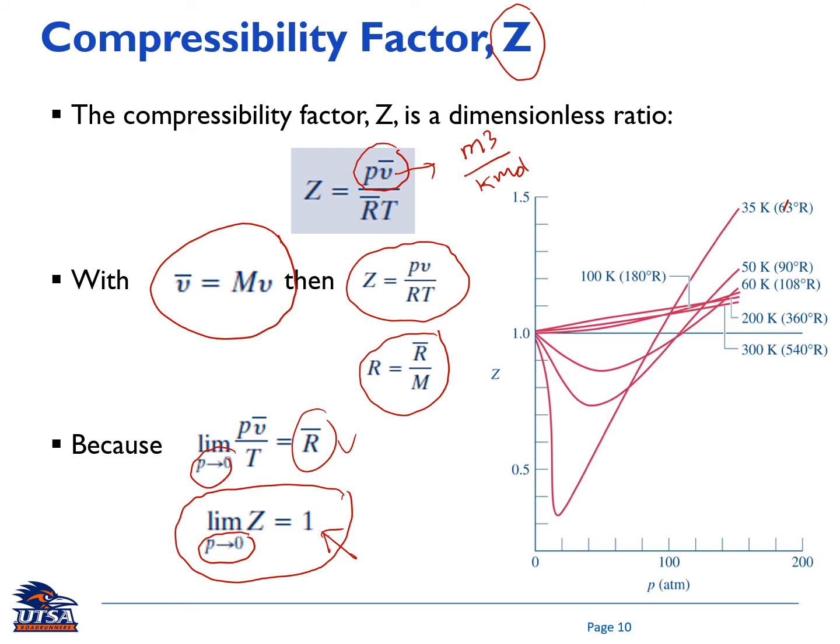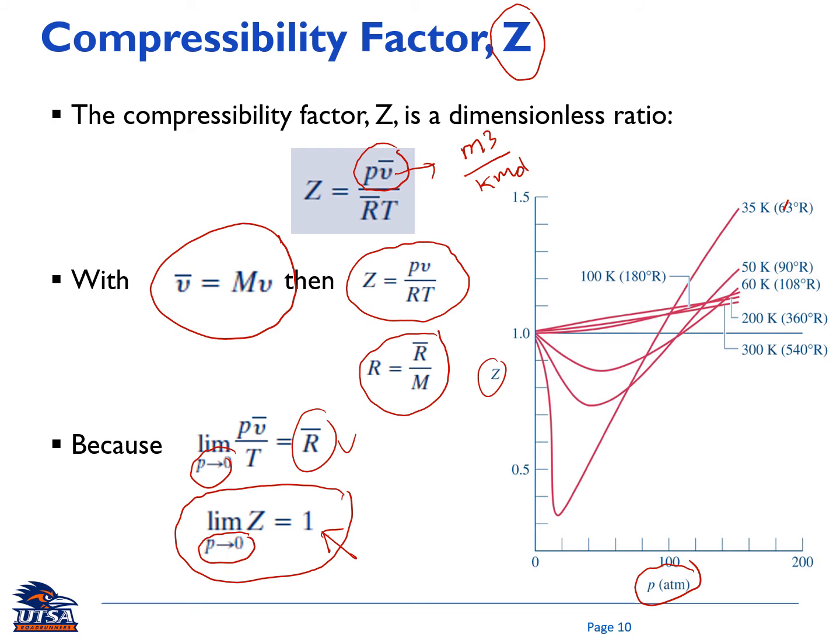If you look at the figure on the right, on the horizontal axis I have the pressure in atmospheres, and on the vertical axis I have Z. The red lines are constant temperature lines, for different temperatures.